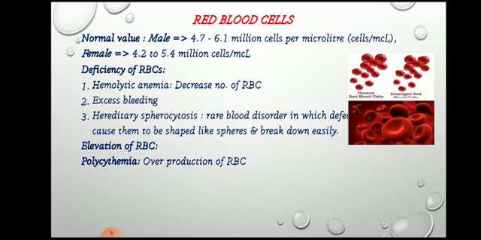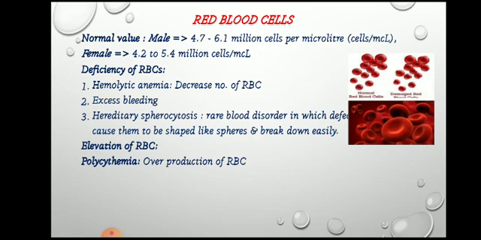Those are generally due to the population, people from different parts of the world, having a certain variation, but generally this range has been set: 4.7 to 6.1 million cells per microliter in males, while in females 4.2 to 5.4 million cells per microliter for RBCs.